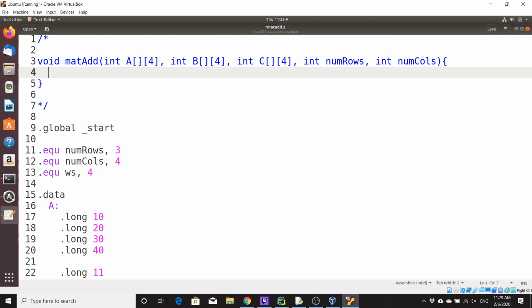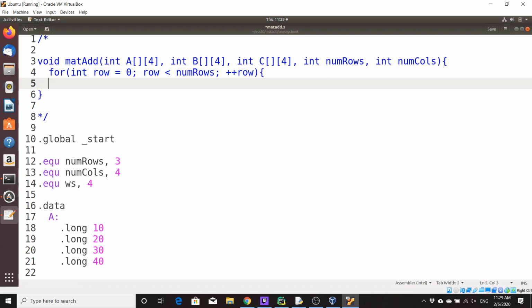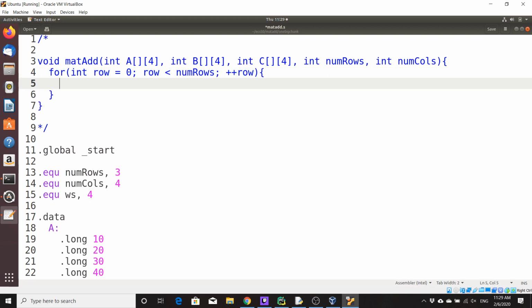So how do we write matrix addition? We want to add A and B and put the result into C. Yeah, for loop. For int row is equal to 0, row is less than num rows, plus plus row. Yeah, another for loop.